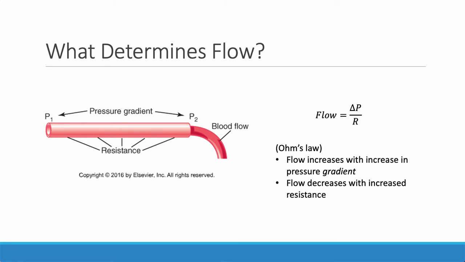Now, what determines flow? Well, the very important component of flow is not the pressure, but rather the pressure difference or the pressure gradient. Okay, and that's part of Ohm's law. Ohm's law says that flow increases with an increase in the pressure gradient, and flow decreases as the resistance goes up.